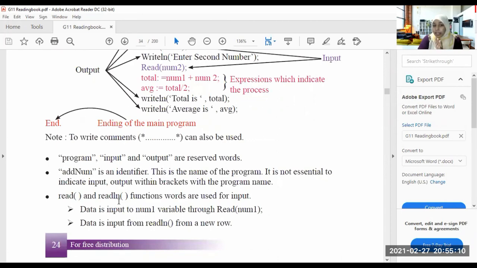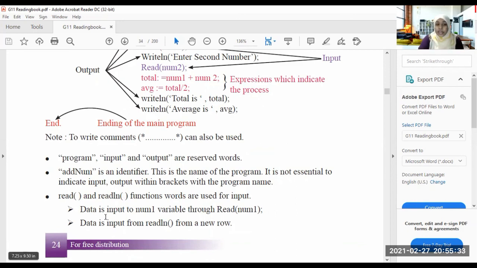Read and readln. Readln means read line. Read and readln functions are used for input. Read is input. Readln is also input, right? When I input something, I am telling the program, okay, the user is inputting something, now you read it. When the user inputs this, read it, I am telling.